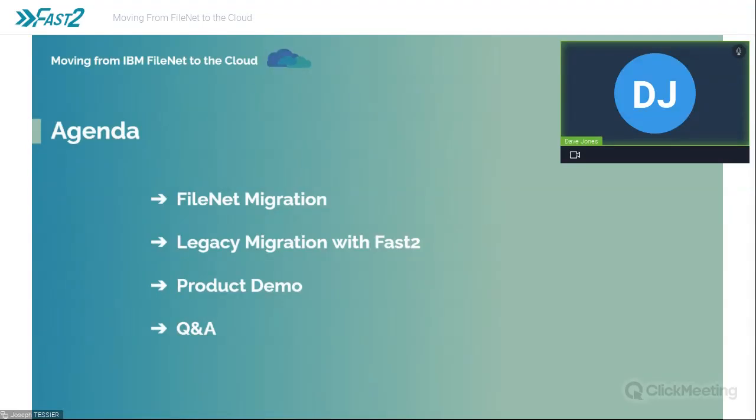I'm then going to get Joseph involved and let him explain how the FAST2 migration tool can help us address these migration challenges. During that discussion, Joseph is going to give us a live demo of the FAST2 software and show us just how straightforward FileNet migrations actually can be. And finally, we will all come back together for my favorite part of every webinar, the question and answer session.